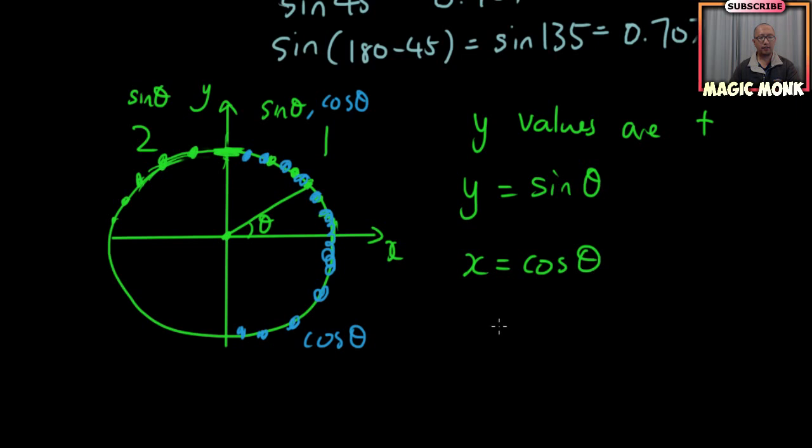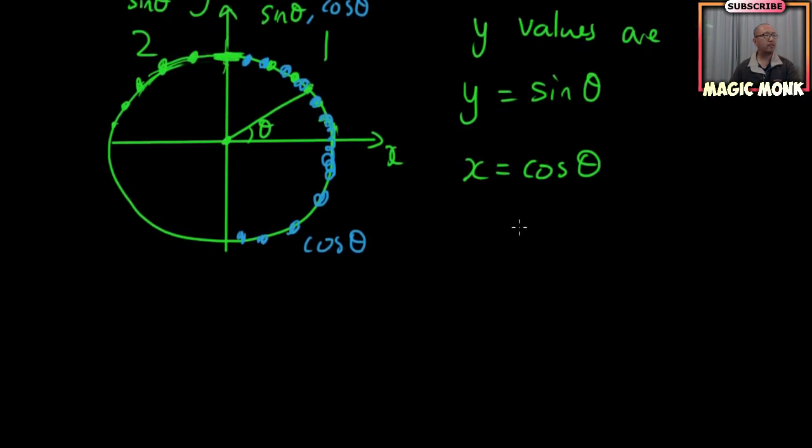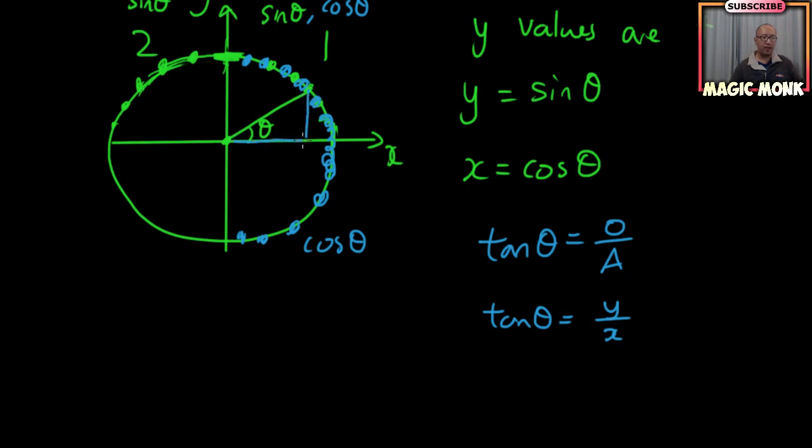Tangent theta equals opposite over adjacent, isn't it? So that means that tangent theta is y over x, which is sine theta over cosine theta.